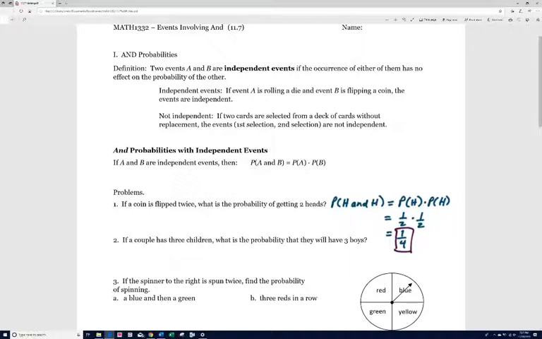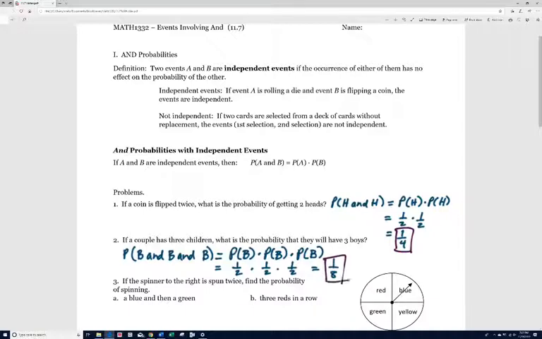So the probability of having 3 boys is the probability of getting a boy and a boy and a boy. This is found by multiplying those 3 probabilities. Each time the probability of getting a boy is 1 in 2. So when you multiply across, you get 1/8.